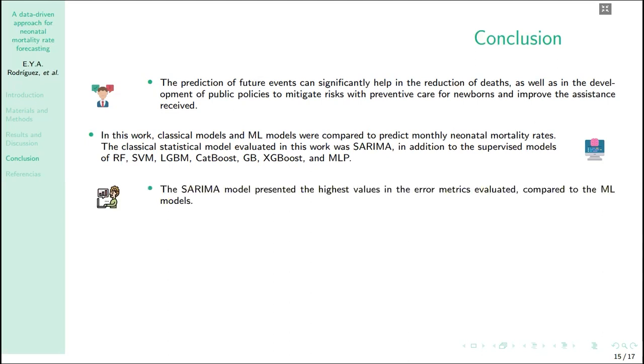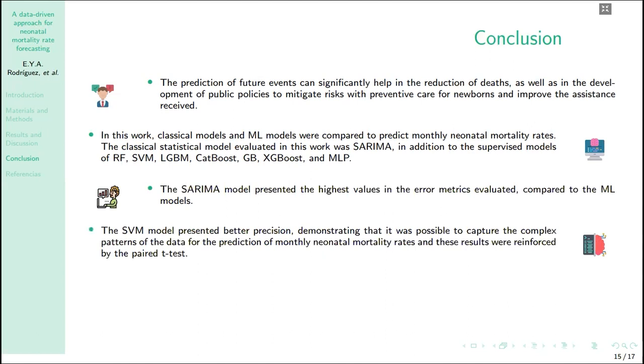The SARIMA model presented the highest values in the error metrics evaluated compared to the machine learning models. The support vector machine model presented better precision, demonstrating that it was possible to capture the complex patterns of the data for the prediction of monthly neonatal mortality rates, and these results were reinforced by the paired t-test.